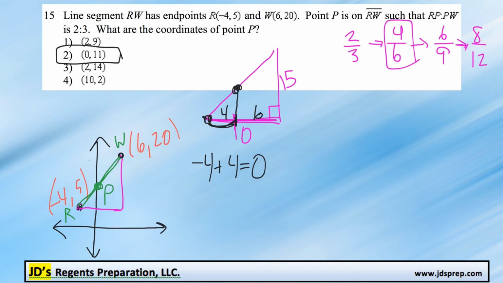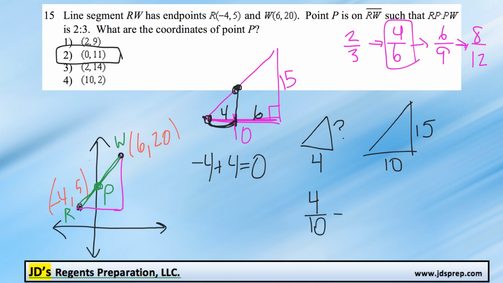But in case you're wondering, to figure out the y value, what you do is we have two similar triangles here. We have this small one with a horizontal distance of 4. We don't know the vertical distance, but we do know that this triangle is similar to the larger one, which has these dimensions. So we can do some cross multiplication here to find out that missing distance. So we know the ratio from 4 to 10 is going to equal the distance of the unknown, so we'll call it x, to 15.